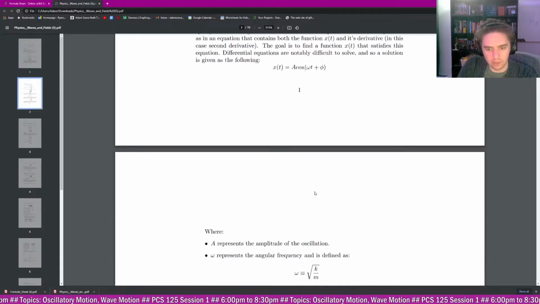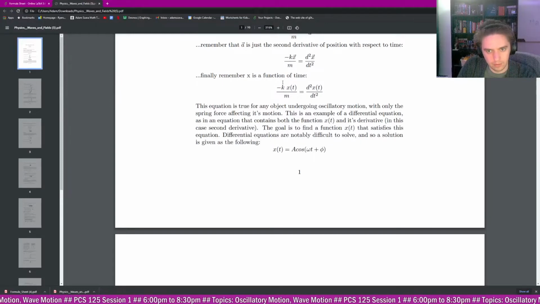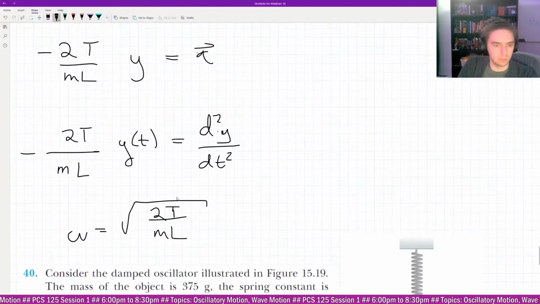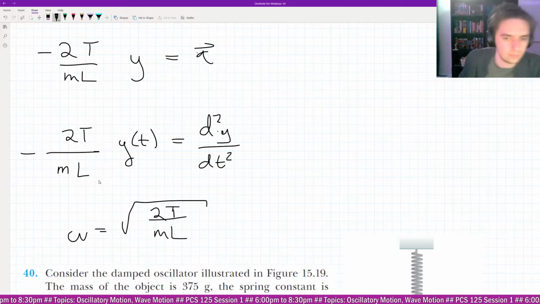And the angular frequency is the square root of k over m. So you get rid of the negative and the x of t, and you just take the square root of the number. We're doing the same thing here. We just want the angular frequency, so we just take the square root of 2T over mL.